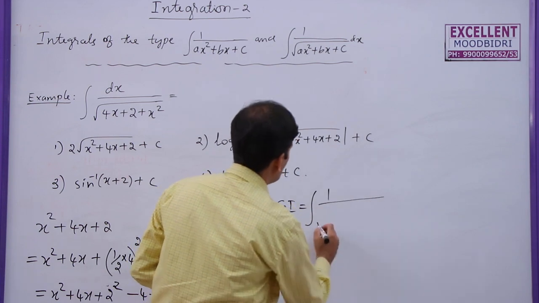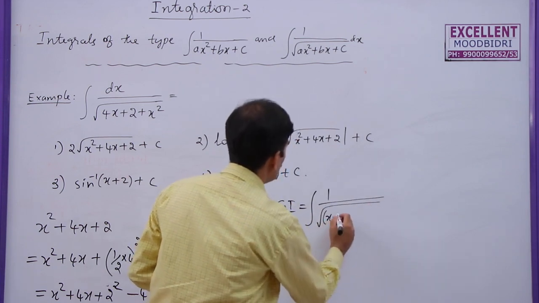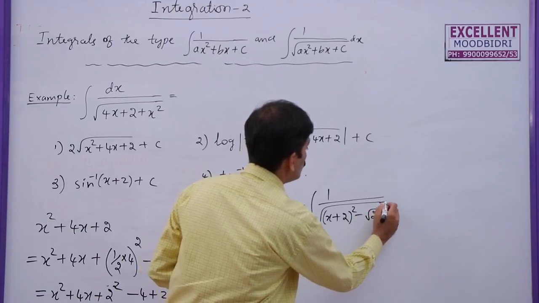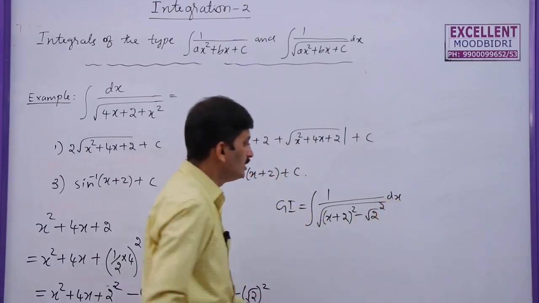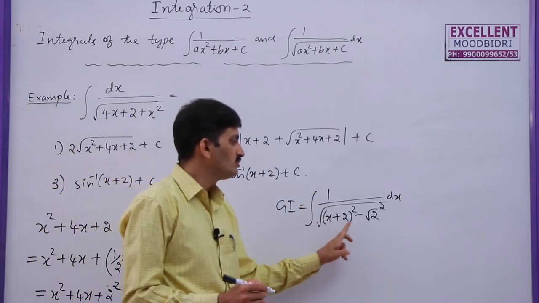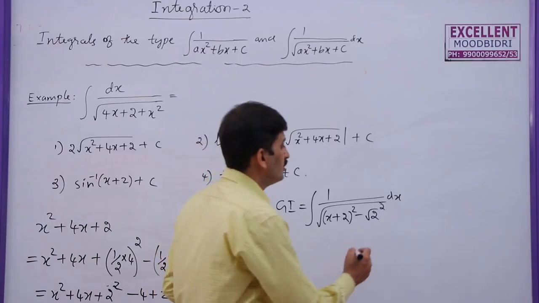Therefore, the given integral is equal to integral of 1 by root of x plus 2 whole square minus root 2 whole square. Now look at this integral. This integral is of the form 1 by root of x square minus a square. So what is the formula?